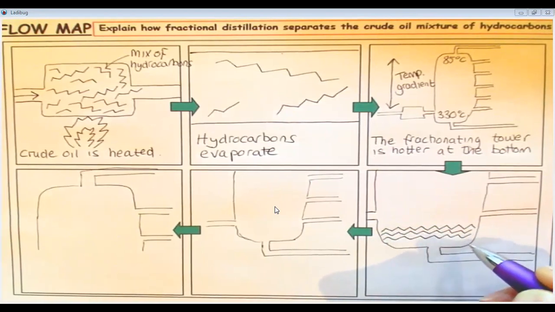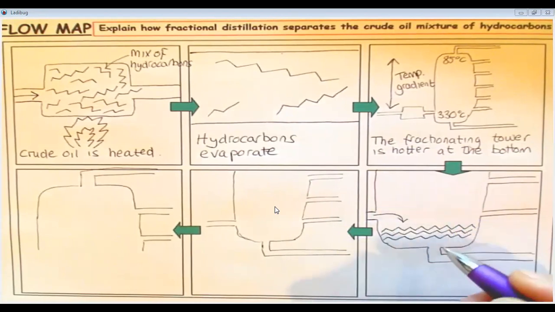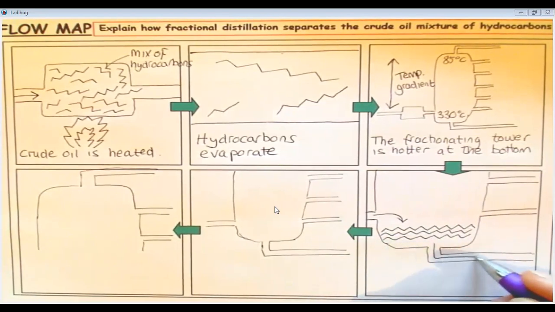Those largest hydrocarbons have the highest boiling points and the highest condensing point. So when they come into the chamber, they come in through here, and they will very quickly condense. If they're not already condensed, as they condense, they will sink to the bottom and they will leave out through this pipe here. And if you remember rightly, this is where we get bitumen coming out.